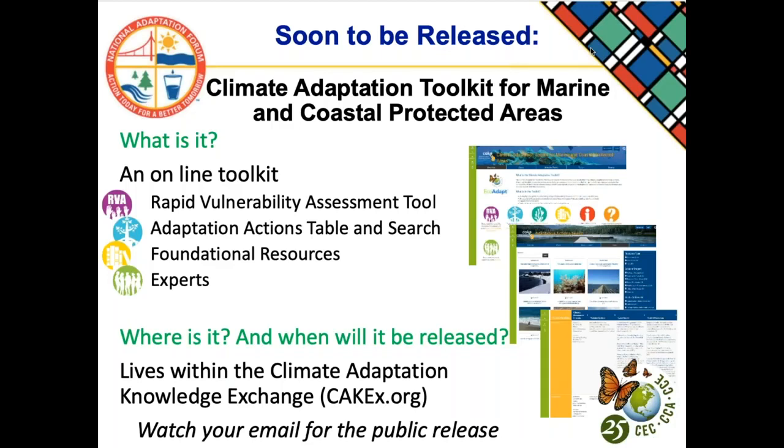But the major outputs for this toolkit are the adaptation actions table and search, where we have compiled hundreds and hundreds of adaptation actions that connect specifically to vulnerabilities and climate responses that occur in ecosystem or habitat types that are in coastal and marine protected areas. So very easy way to go through and find, I'm very concerned about beach erosion.